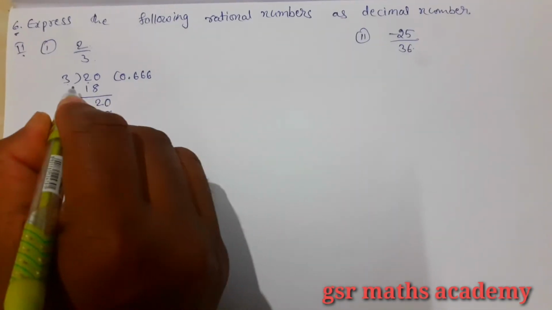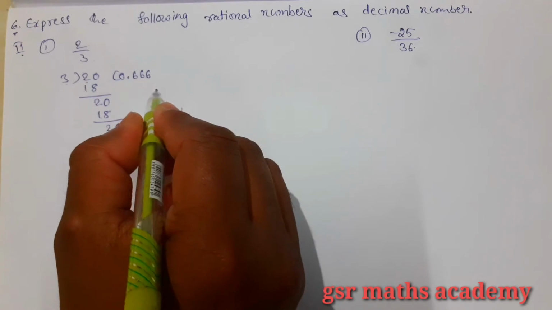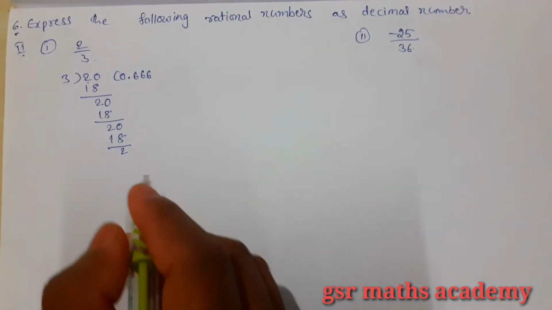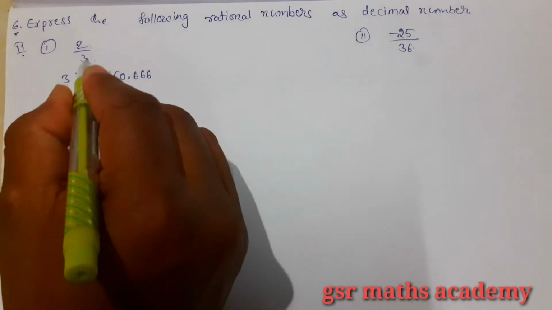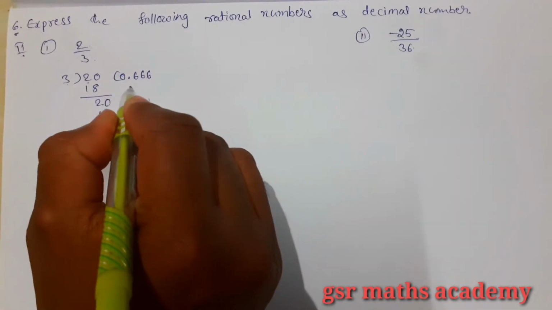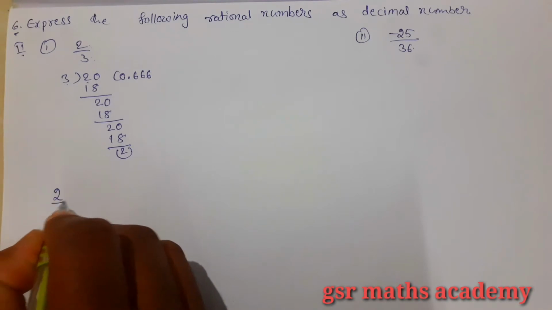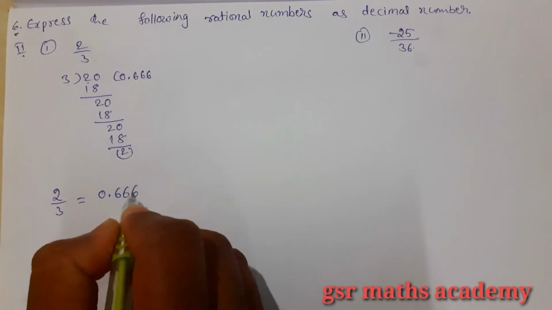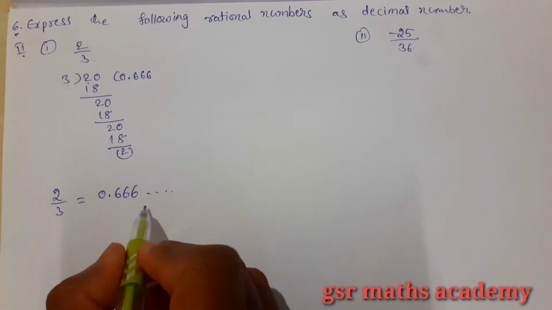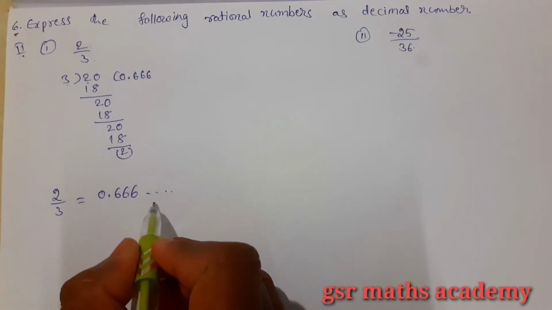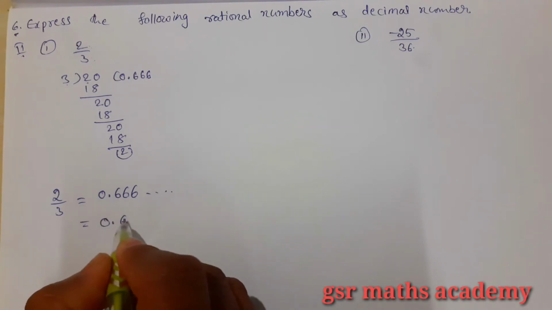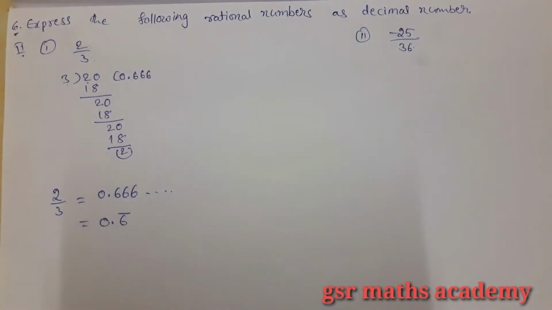Likewise this division process continues, so it will not finish. So we get the decimal representation of 2 by 3 as 0.666 and so on. That means this is a non-terminating repeating decimal. So this can be written as 0.6 bar. Okay. Now let us see the second question.